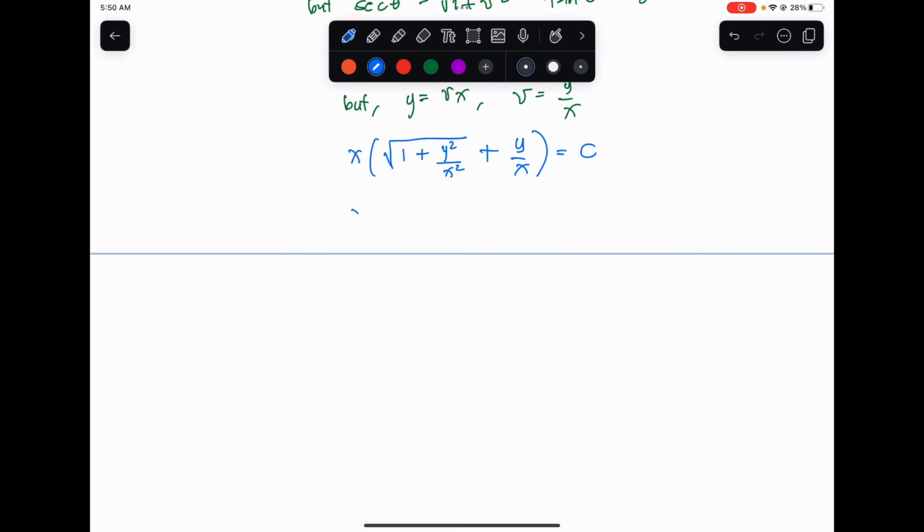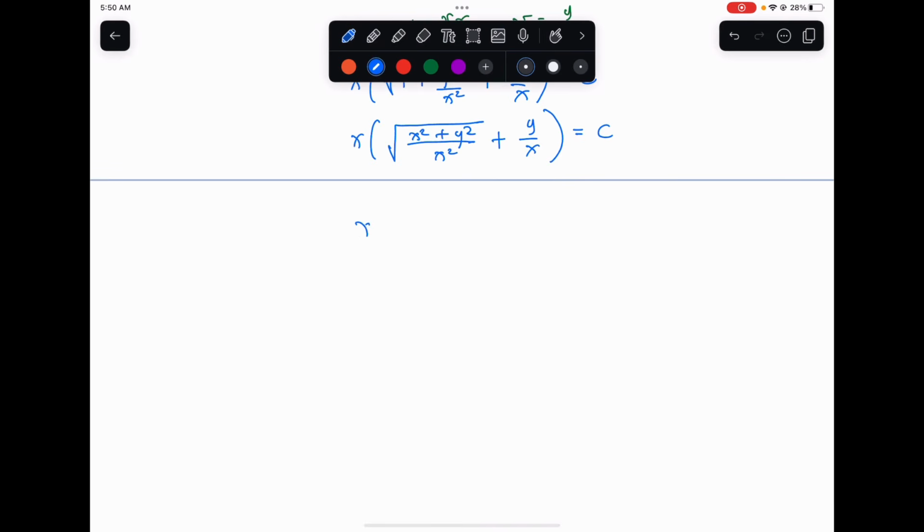So combining, this is x times the square root of x squared plus y squared over x squared, plus y all over x is equal to c. So the square root of x squared at the denominator is just x, then plus y all over x.